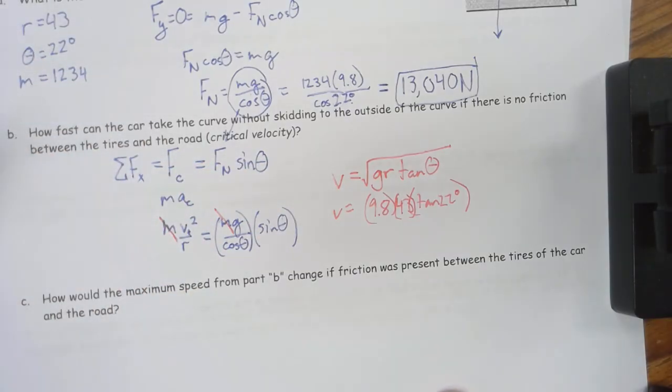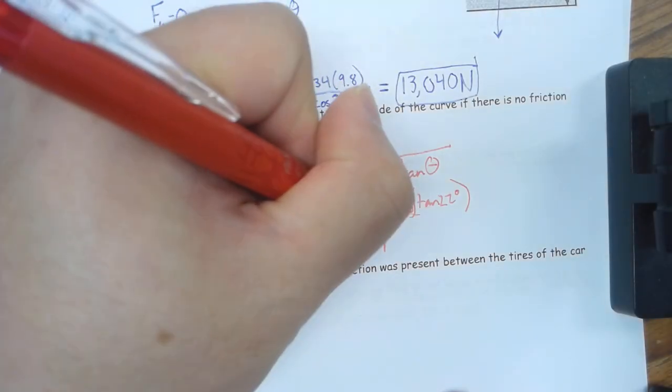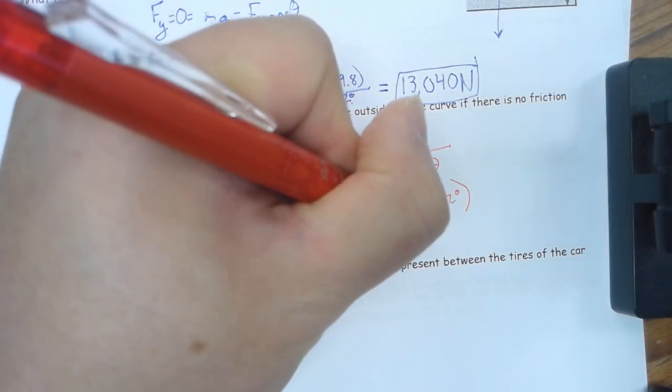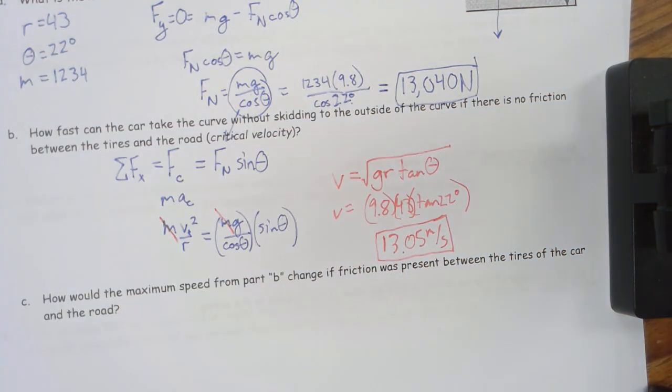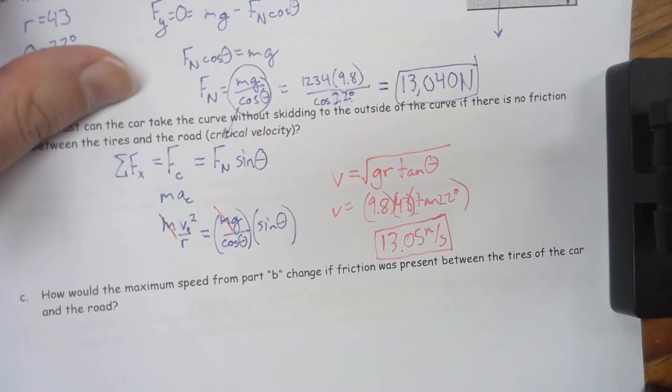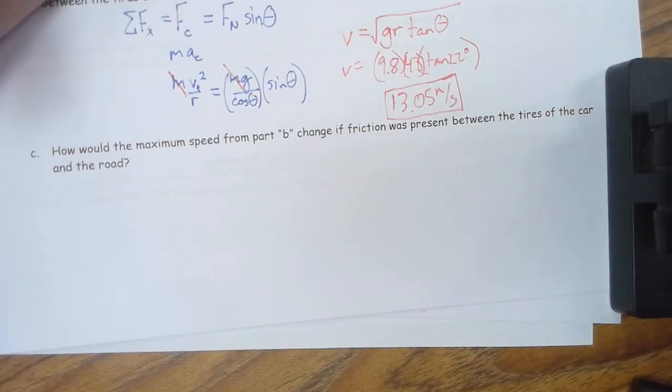All right, it is a huge radius, so do we need to be moving that fast? 13.05 meters per second. That is actually not that fast. That's slightly faster than you can run, but we're talking about a car probably. I could probably run half of that.